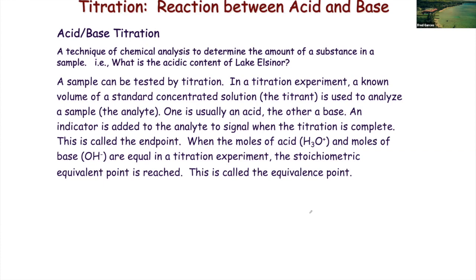Usually you have a solution that you want to analyze. And suppose you want to figure out how much of the acid you have, or what is the concentration of the acid that you have. Then the way you would do that is through a titration process.